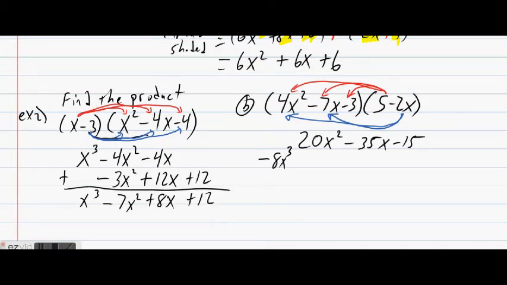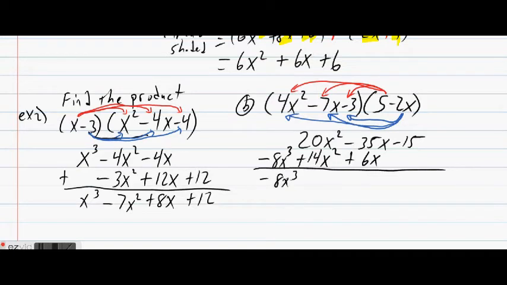Negative 2x times negative 7x gives me 14x squared. You notice keeping the columns lined up. And then last, negative 2x times negative 3 gives me plus 6x.